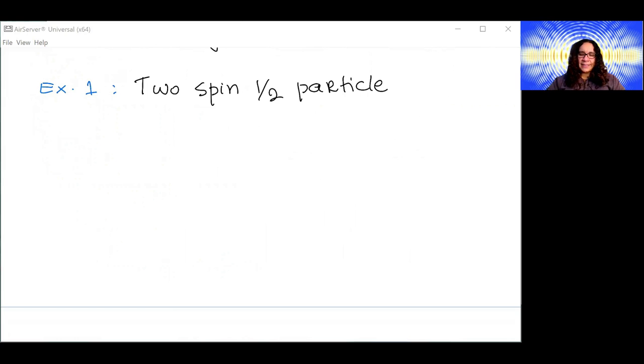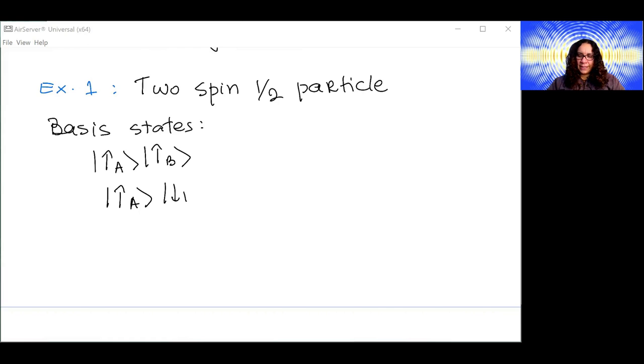If you write the basis states for the compound system, we're going to have 4. So first particle A up, particle B up; particle A up, particle B down; particle A down, particle B up; and particle A down, particle B down.